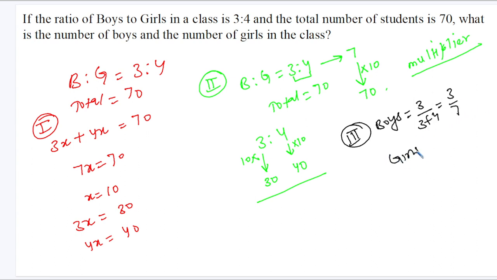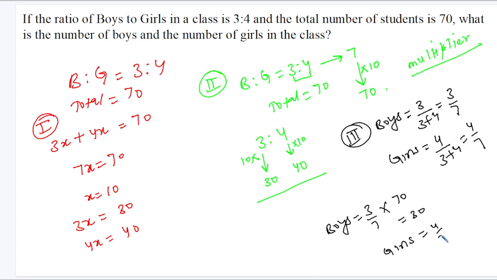And the number of girls is 4 over 3 plus 4, that's 4 over 7 of the total number of students. So in case I need to find the number of boys, what will I do? 3/7 of the total number of students, that's 70. So it will come 30. And if I want to find the number of girls, I'll do 4 over 7 of 70, that's 40.